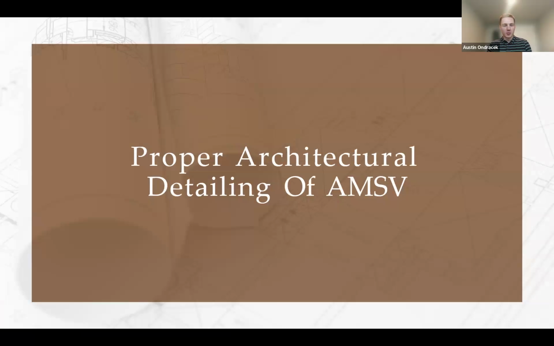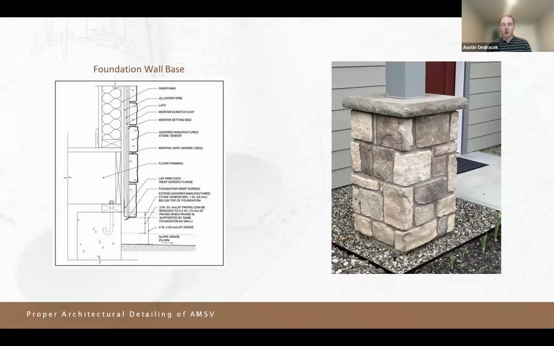Okay, so looking a little bit more at some proper architectural details of AMSV, showing a little bit on the right photo for a foundation wall base that we just looked at, noting keeping it above the ground. I believe 2 inches is the minimum, I believe 4 inches.